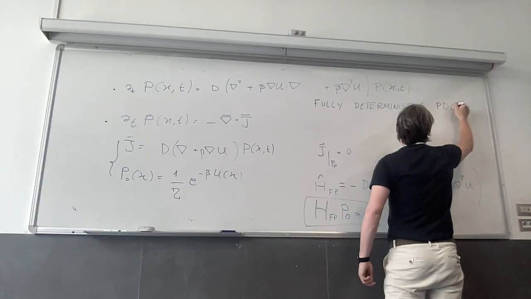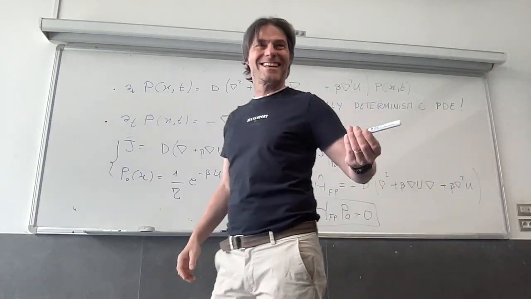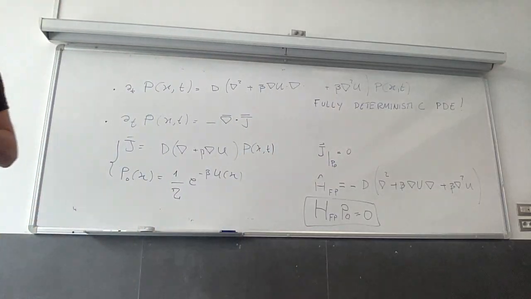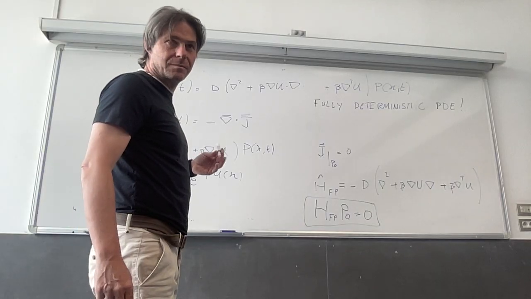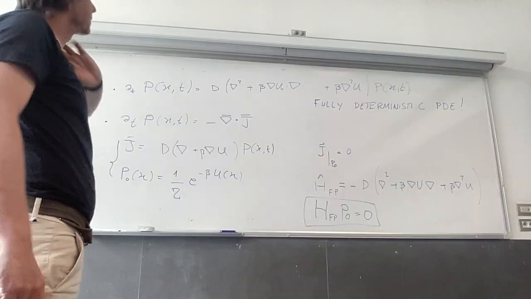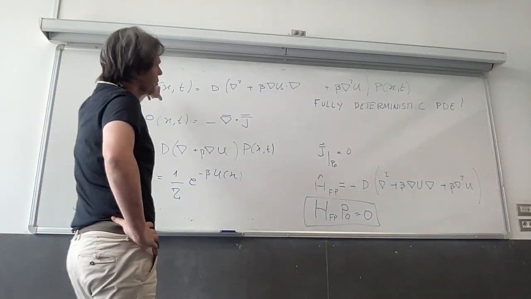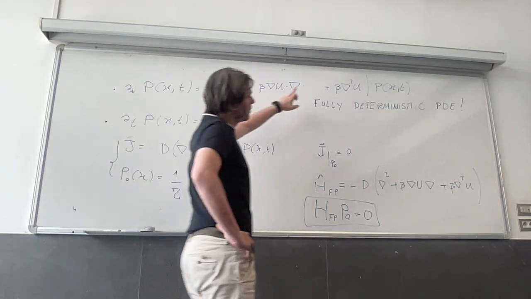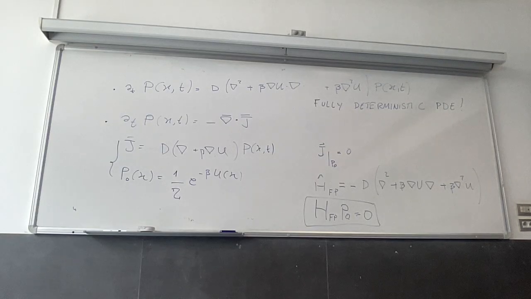Partial differential equation. It's fully deterministic for the probability. Of course, the probability is not deterministic in the sense of classical mechanics. Not only that, it's a linear partial differential equation, because the probability appears never at the quadratic order, always linear order.